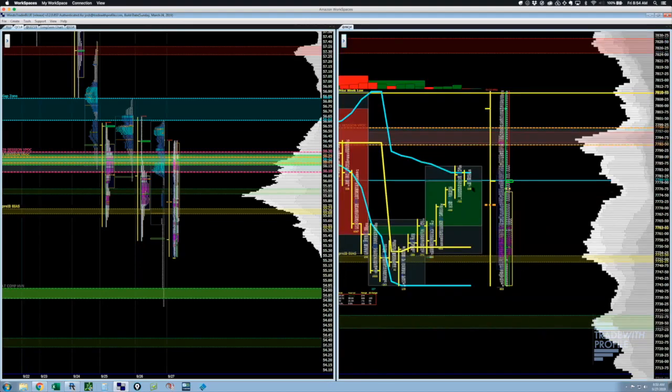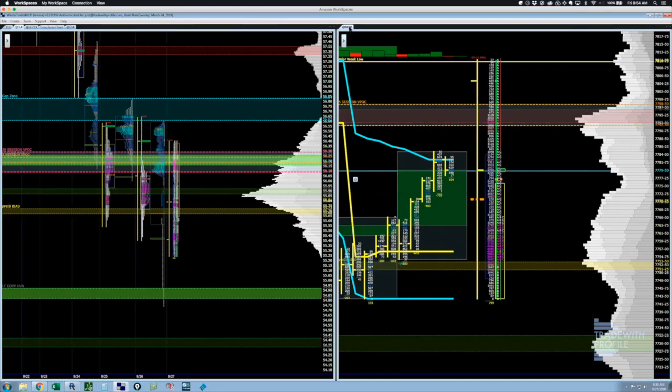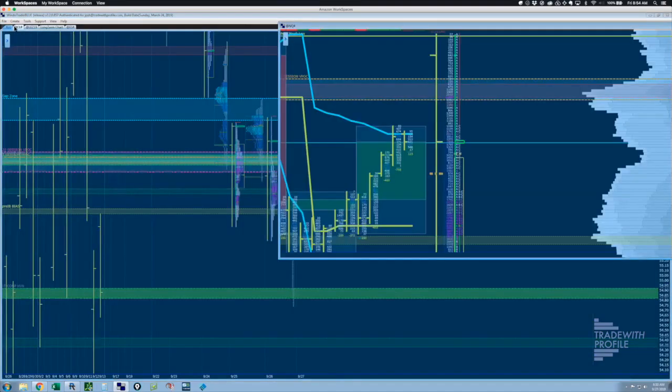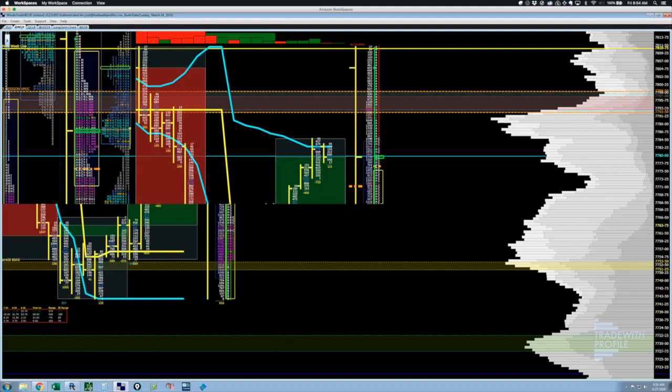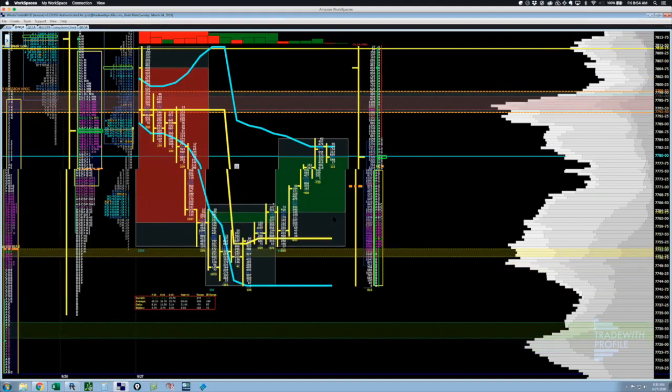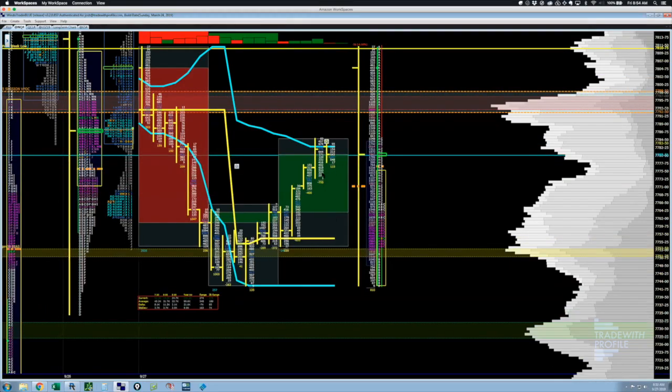So you can see we got a little bit of selling order flow. It's not enough to counter the buying just yet. Let's blow this up so that we're just looking at this chart. This is our primary focus. I want to see sellers that are stronger than the buyers.